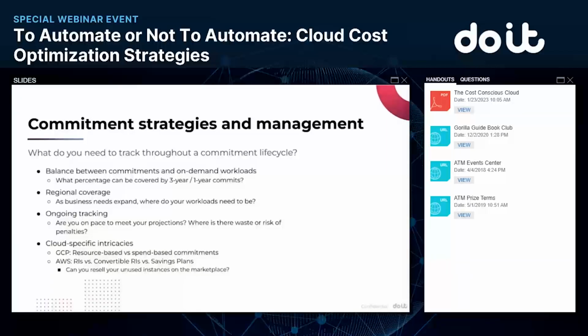The other thing that you have to keep in mind is the regions that you're working in. For some of the more specific commitments, you have to commit in a specific region and for a specific machine type. So you have to take into account, will you be adding more regions? Will you be moving regions? Another problem is that the commits that you purchase are staggered.